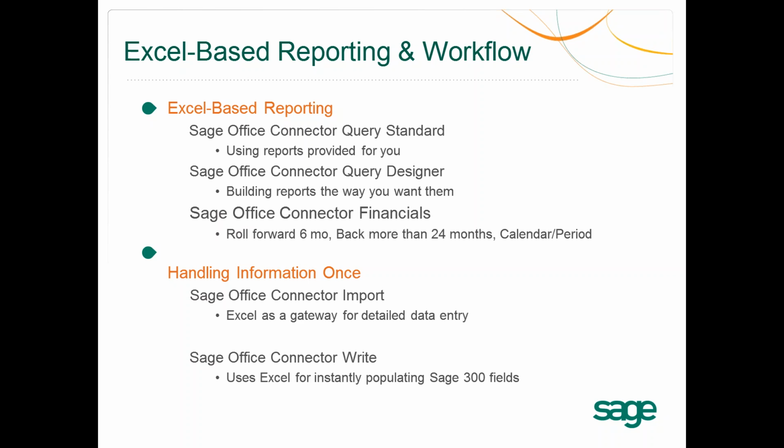When we think of Office Connector Query, there are two license types, and for more information on licenses, the final slide will be Patrick's information, and Patrick can provide you all of that. But the two license types for querying are the ability to design and refresh, which is called a designer and is based on concurrent use, and then the standard license, more affordable, allowing people to refresh information.